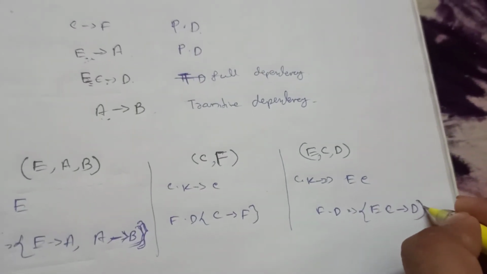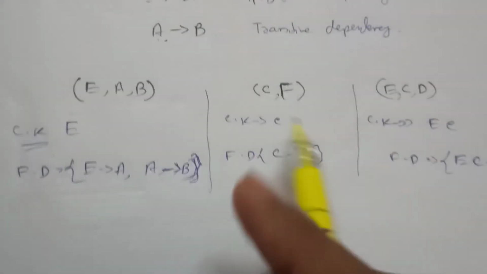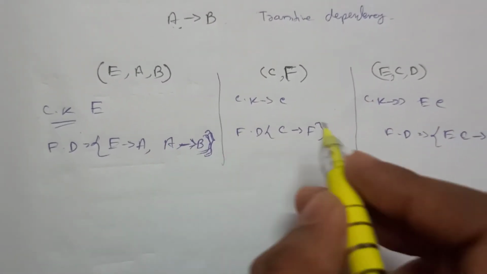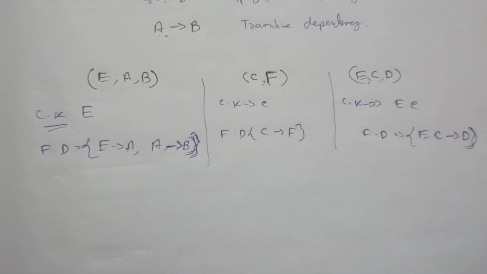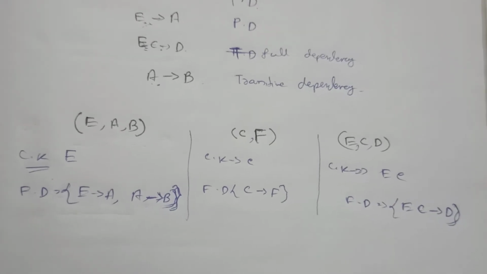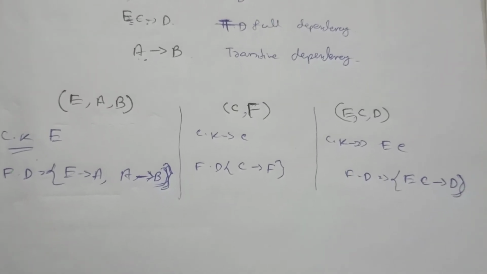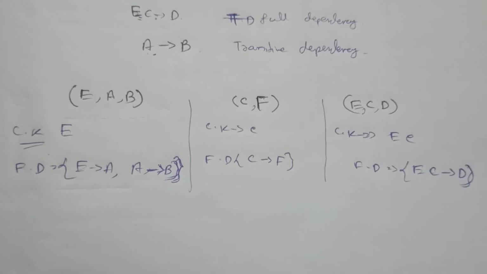So that's how I have broken our relation or our table into 3 different subtables, and all of these are in 2NF now, because there is no partial dependency. So that's how we check if a relation is in 2NF or not, and we also break it down into smaller tables or smaller relations that are actually in 2NF.